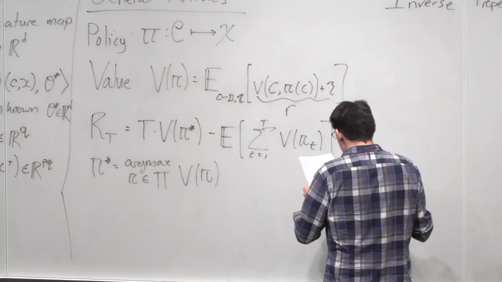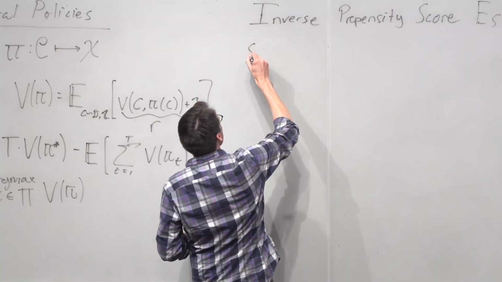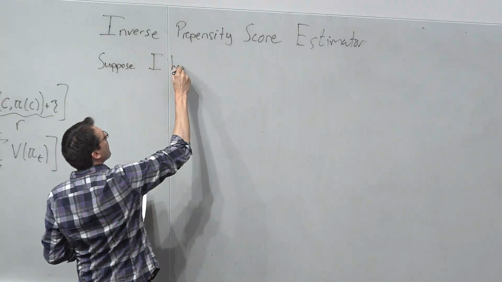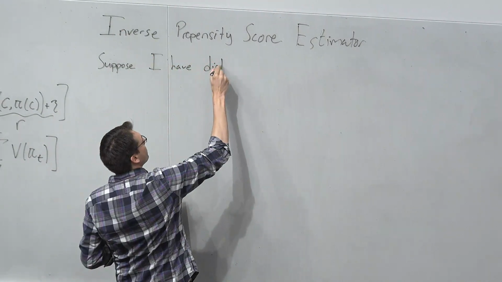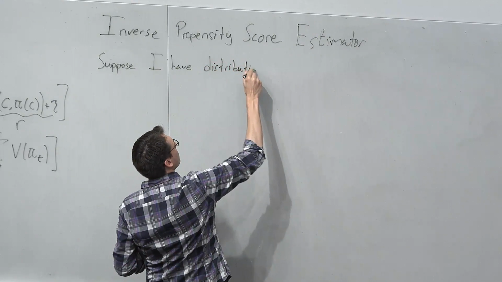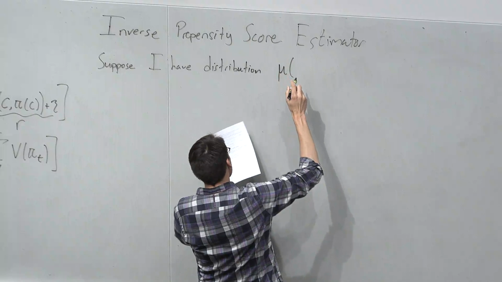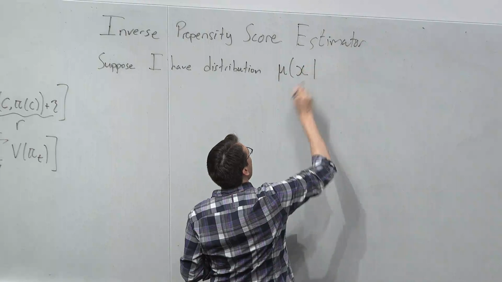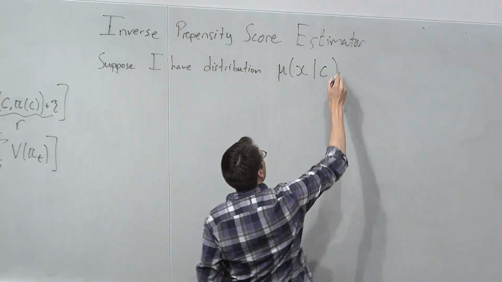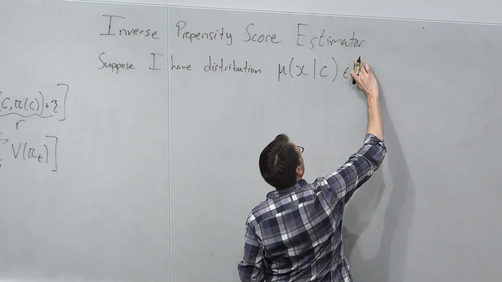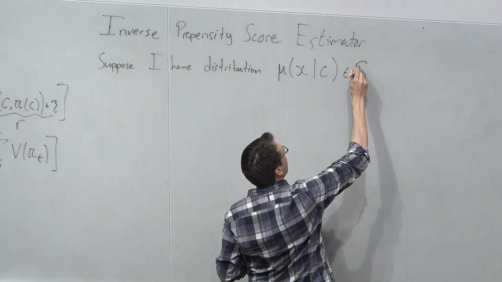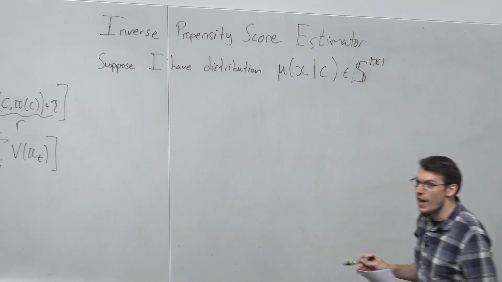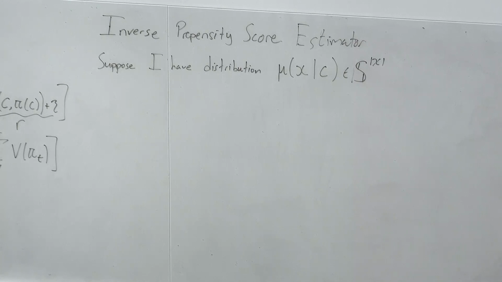And the way that I'm going to do that is, suppose I have a distribution mu, which is a distribution over actions given context. So this is in the simplex over arms, over actions. And I'm going to assume that I have a finite set of actions.